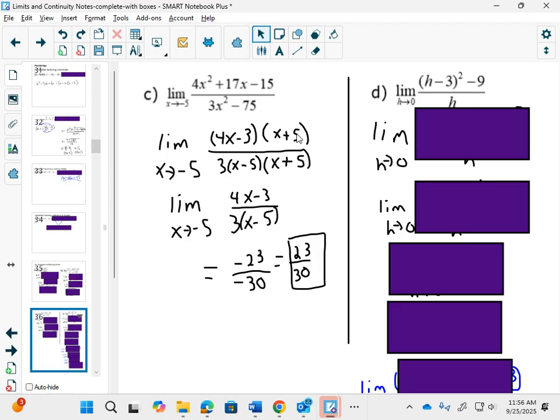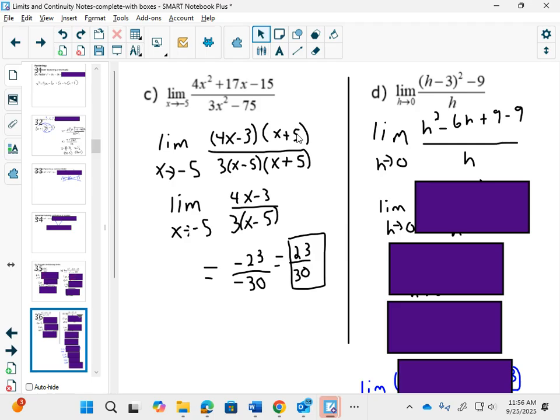Okay, D. What can I do with D? Oh, I like D. D is fun. So one option: you could multiply it out. And then h minus 3 squared, you could FOIL or distribute that and get h squared minus 6h plus 9 minus 9. Then the 9's nicely go away. And you have a common factor of h, which you could factor out.